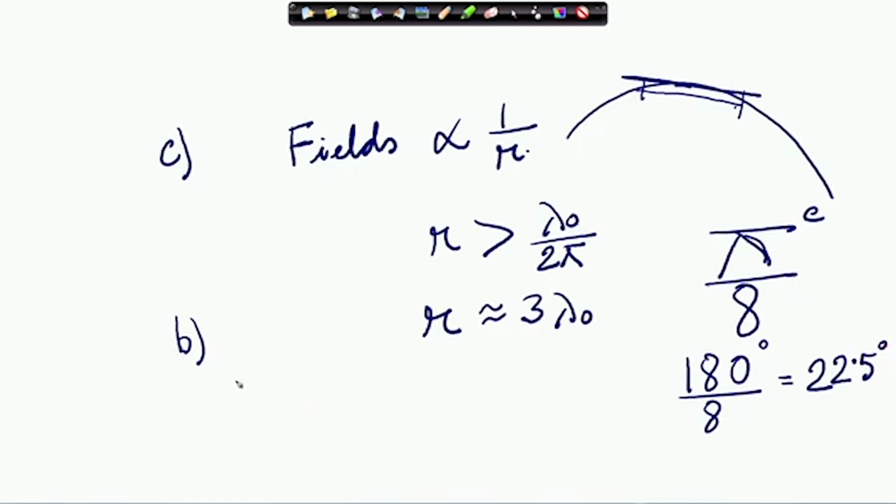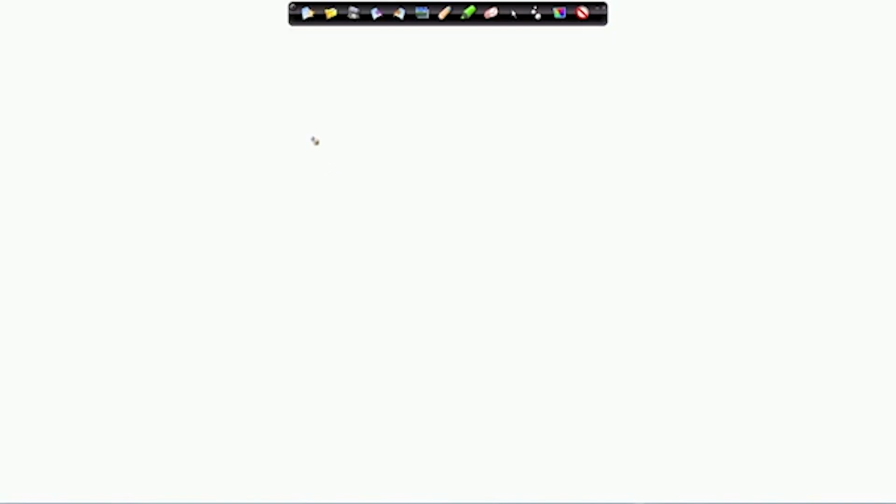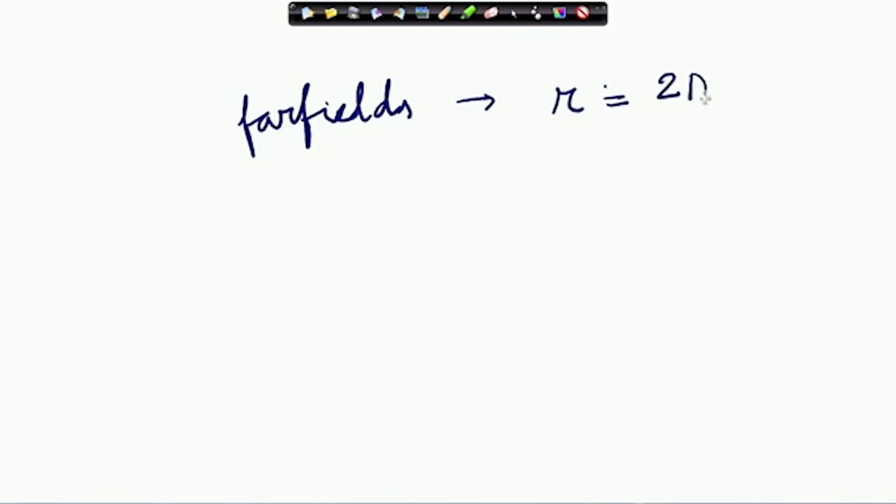That depends on r being 2 d square by lambda, where d is the maximum dimension of the antenna. So, out of all these criteria, finally we can say that the far field starts at a distance when r is equal to 2 d square by lambda naught.